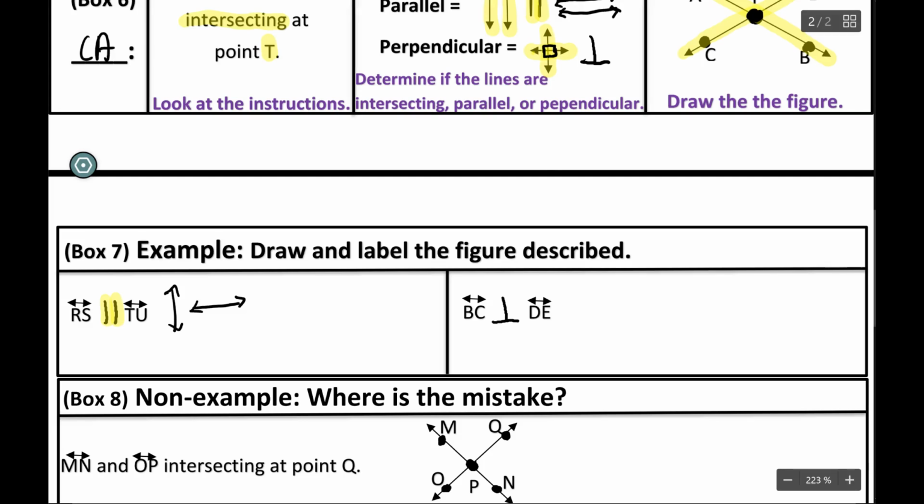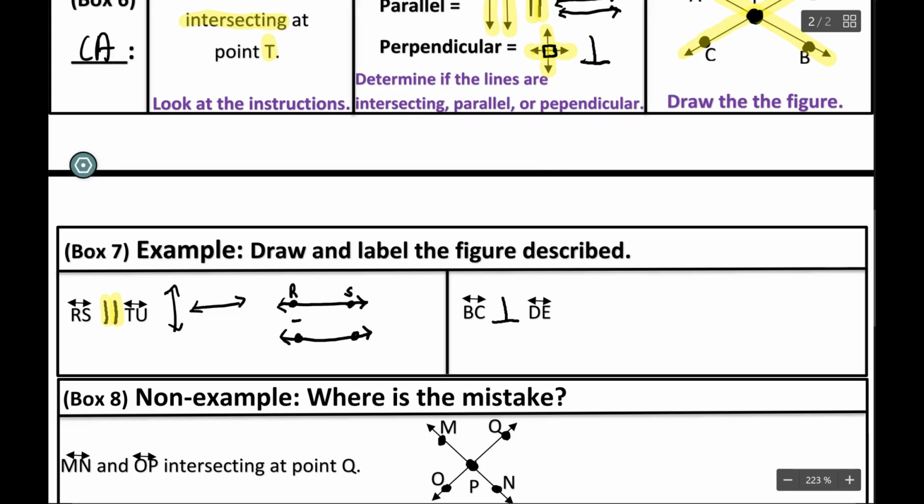So I'm going to draw my two lines. Here's one line. I'll put the 2 points. That's going to be R, and that's going to be S. Then I'll put another line. Put 1 point right here, 1 point right here.